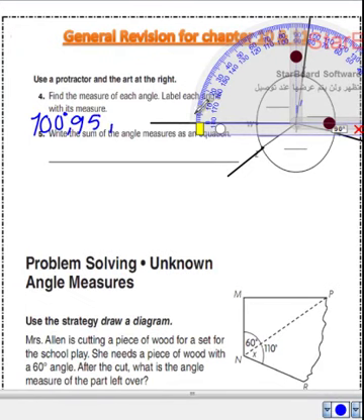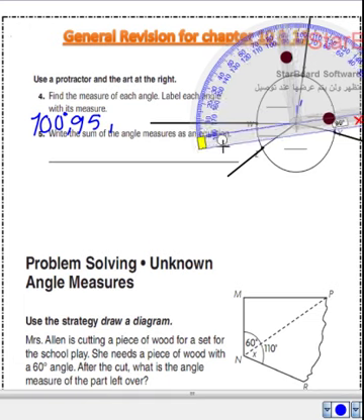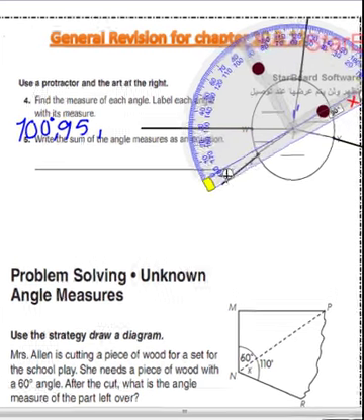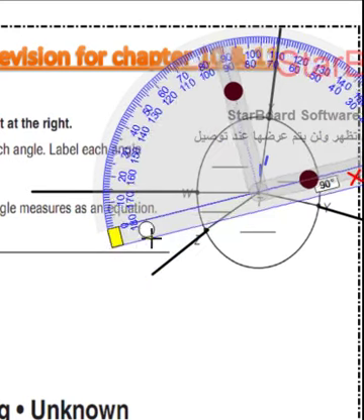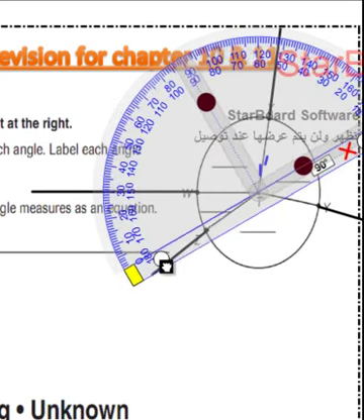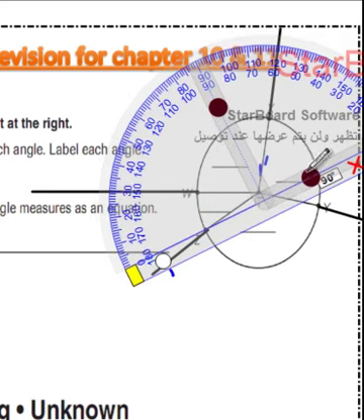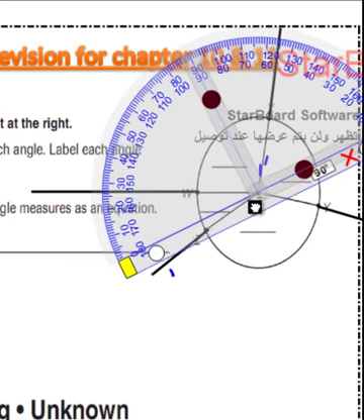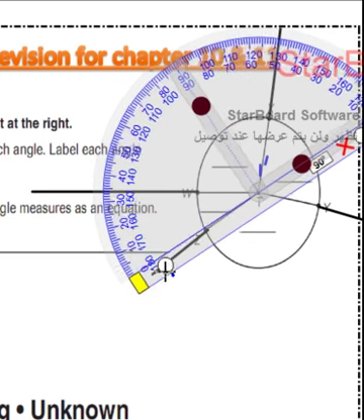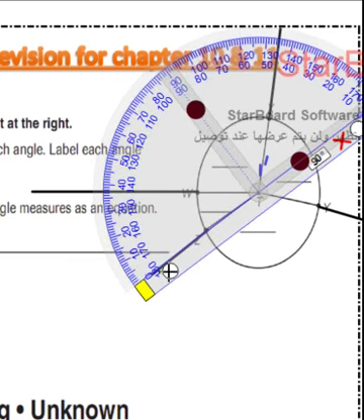The third angle, move your protractor, put the center on the vertex T, and 0 on the ray.